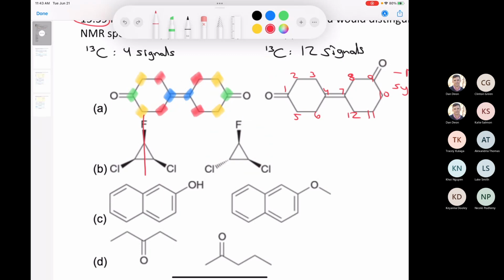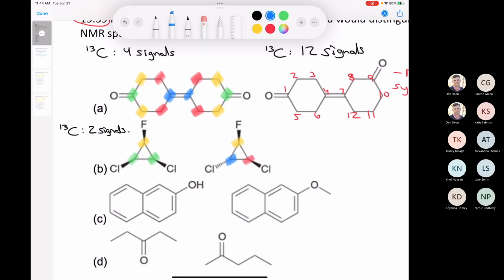There's rotational symmetry, but there's no plane of symmetry in the molecule. So if we look at the first molecule, you can see that these two carbons are chemically equivalent, and then this one is unique. So for the first one, in our carbon-13 spectrum, we're going to see two signals. Only two signals.